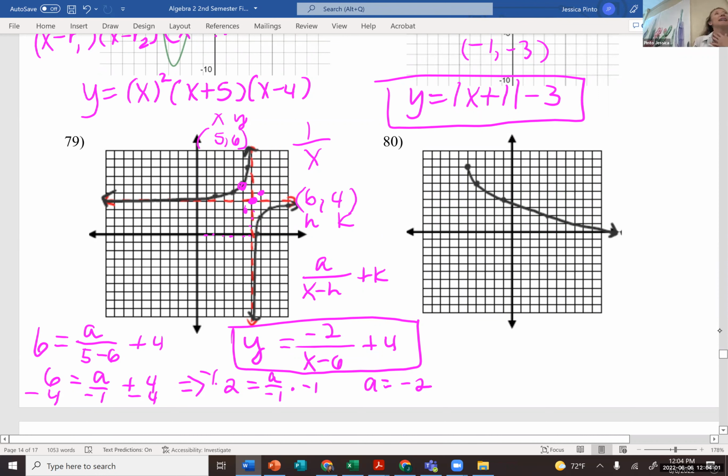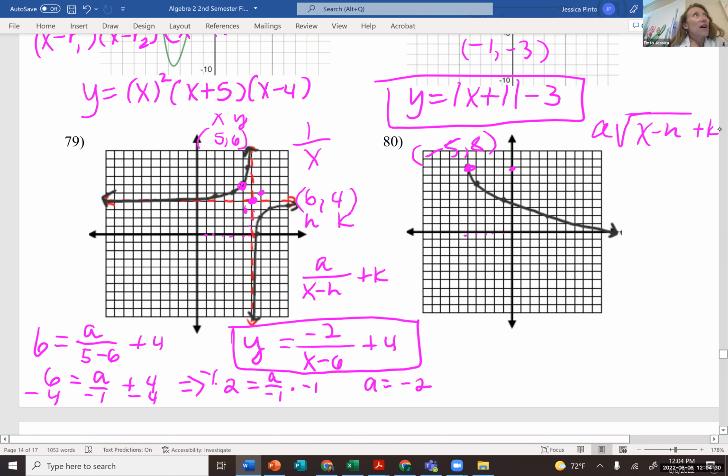Cool. Looking at 80, it looks like half of a parabola, meaning that that is my square root function. Got our a times the square root of x minus h, plus k. So I'm easily able to identify the h, k as that starting point right here. -5, and then up here is going to be down 2 from the top, so that's 8. -5, 8.